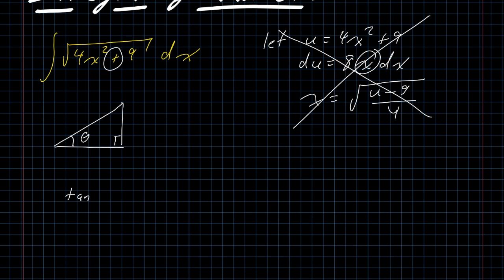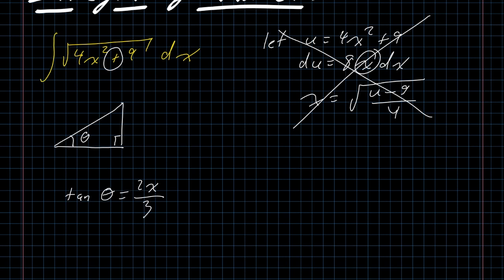So I want tangent of theta to be equal to the square root of the variable part. I usually have a u squared plus a squared. So I want this to be 2x over the square root of the constant part. The square root of 9 is 3. I said 3, I wrote 9.